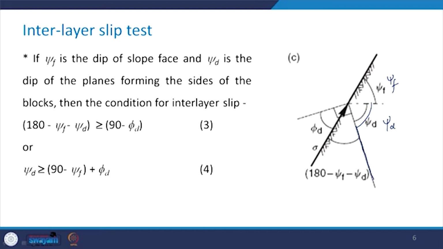Then the condition for the interlayer slip is given by equations 3 and 4, that is 180 minus psi d should be greater than or equal to 90 minus phi d, or if you shift the terms, the same relationship can be written as psi d must be greater than 90 minus psi f plus phi d. So, if equation 4 is satisfied, we would say that the interlayer slip will occur.